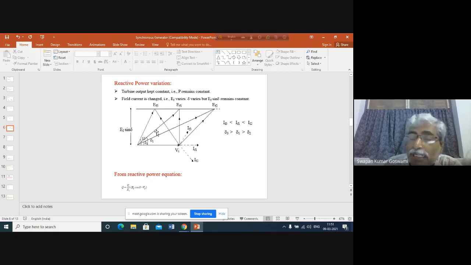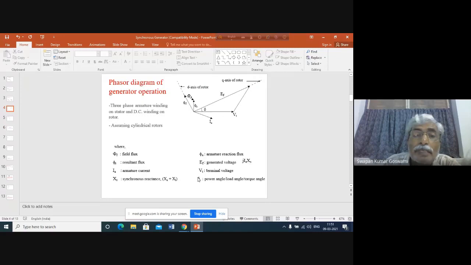Now you see that this variation in delta we have not created directly. That means this variation of delta is there, but not at the cost of changing the speed of the generator. Why is this changing? You go back to the phasor diagram.